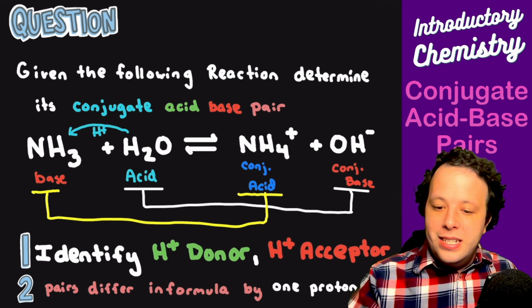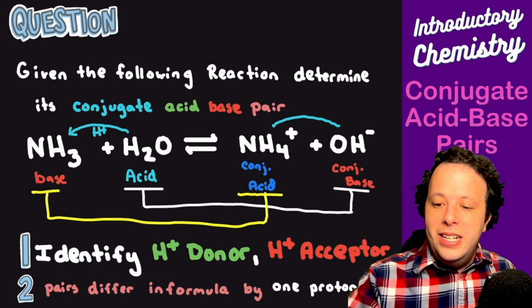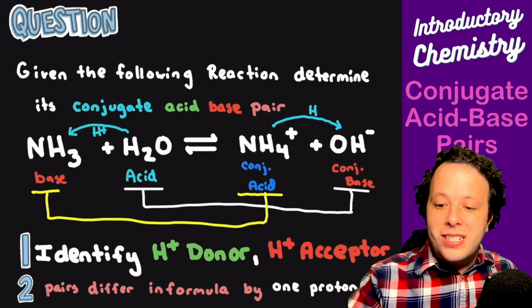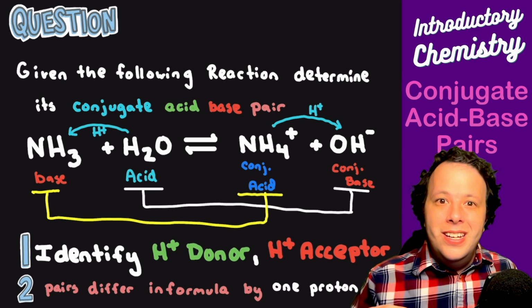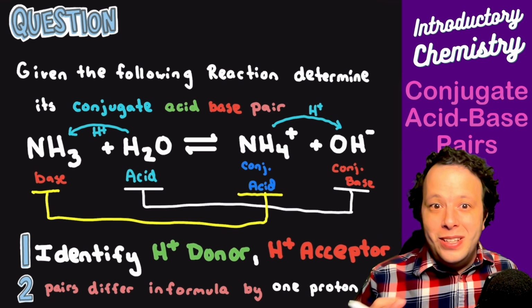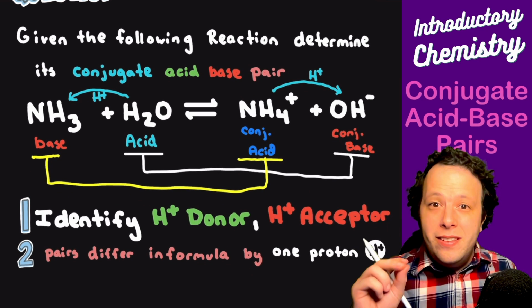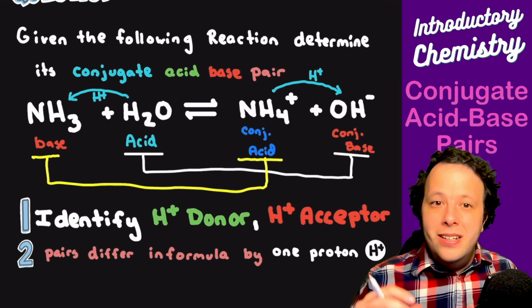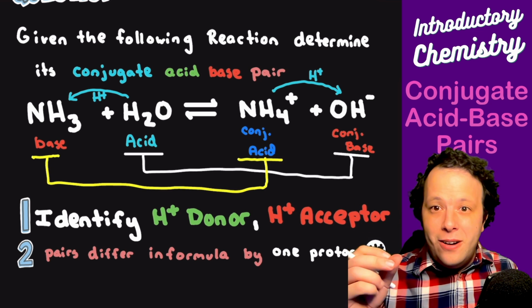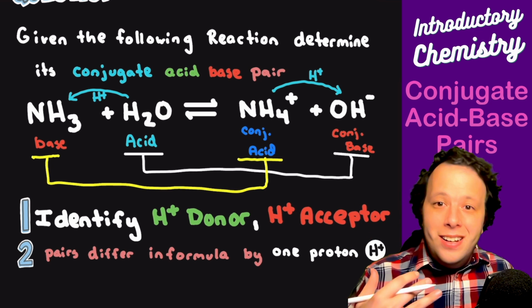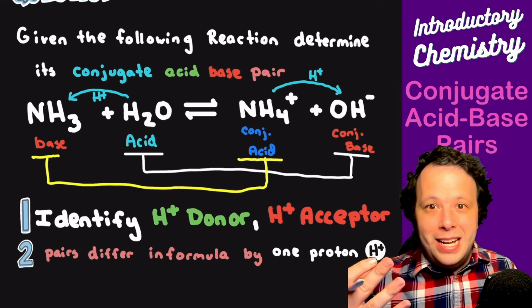In that case, ammonium should donate its proton to hydroxide to make water, right? And you can see that that matches on the left-hand side. So what we always have to do is identify what the donor and acceptor are in our steps, then identify the pairs in all these different reactions. Let's take a look at another example.